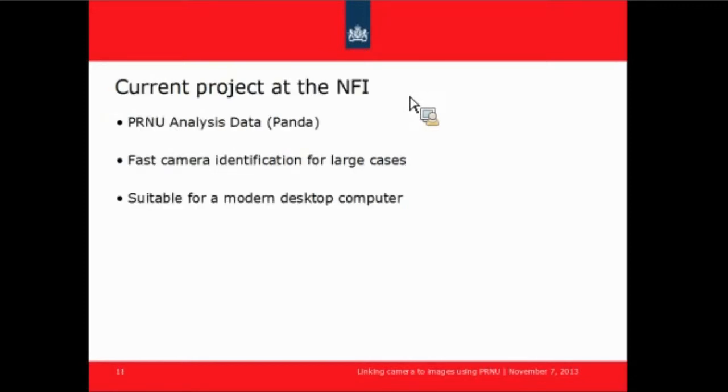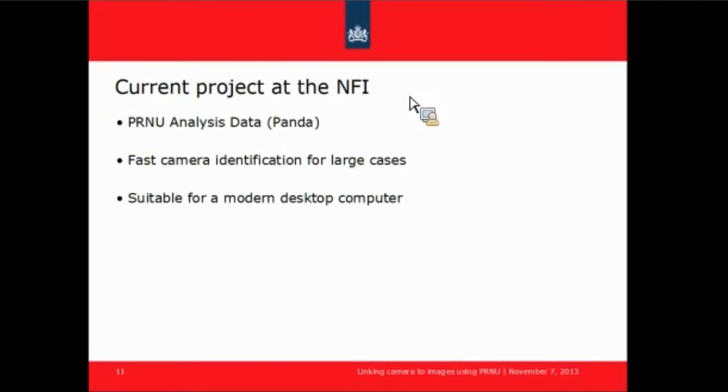Next, I will talk about a current project we are working on at the NFI. A few years ago, we started with the development of a software solution for camera identification called PRNU Compare. However, we noticed that when you have a large case, it's basically too slow to help.